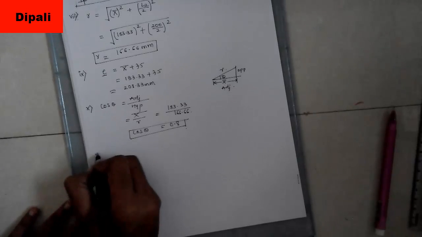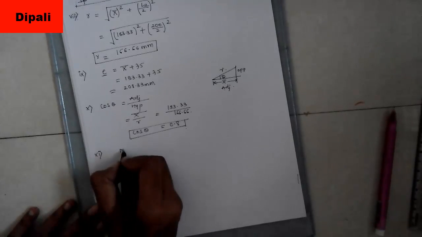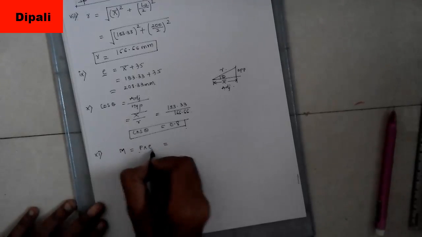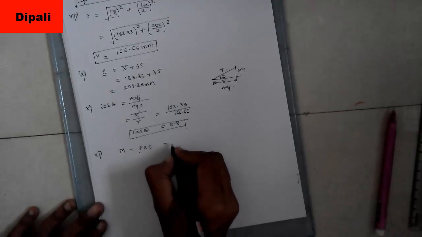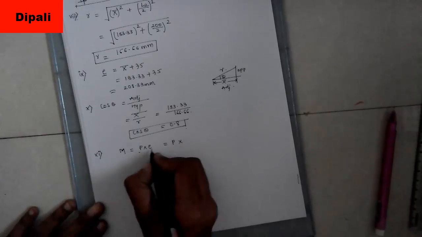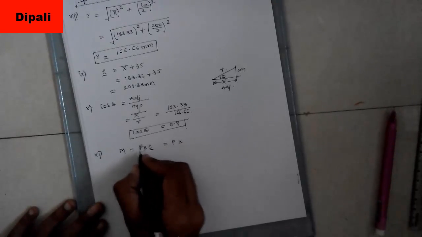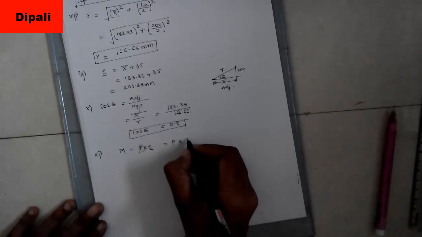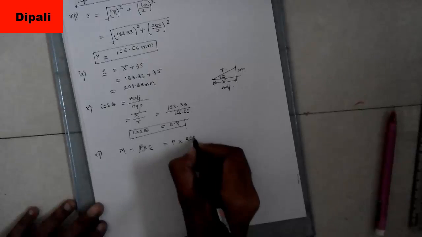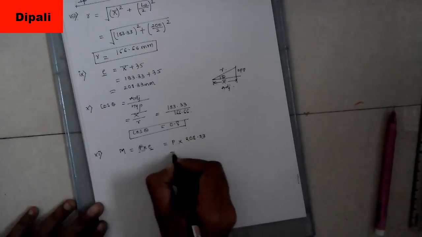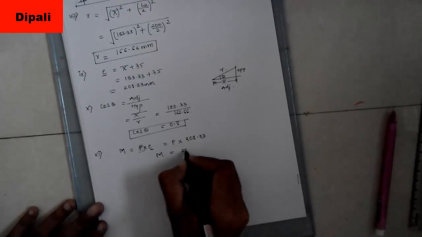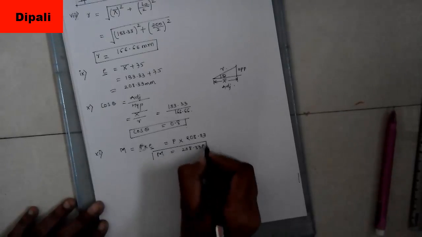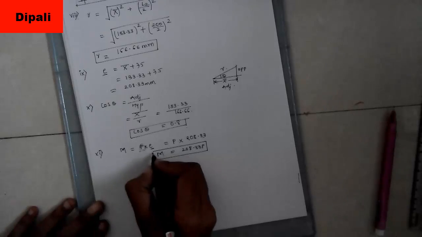After that the 11th step is for moment. The load into perpendicular distance, that is P into eccentric distance. We know the value of eccentric distance but we don't know the value of P, that is the direct shear. So the moment is 208.33 P. Okay, in the form of P we have to calculate the moment value.